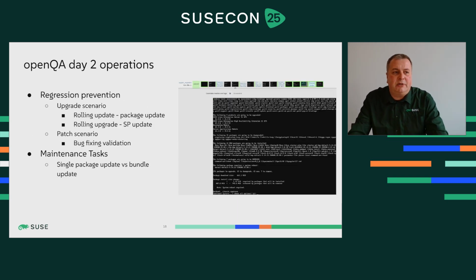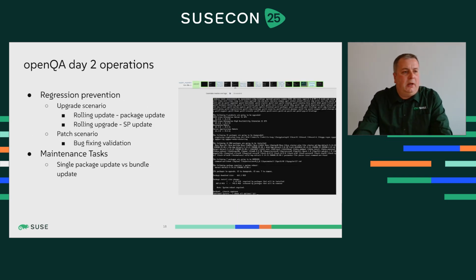The regression prevention in this case is the upgrade scenarios and the patch scenarios. So we have the rolling update, where the tests are making sure that the system is patched to the latest level, the test is executed, and everything went fine. But there's also a service pack update.